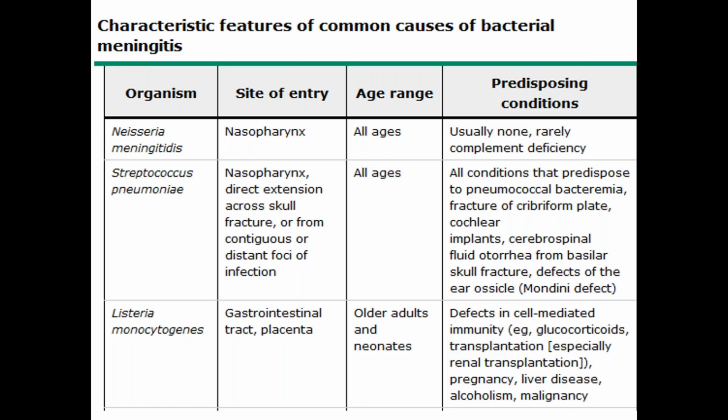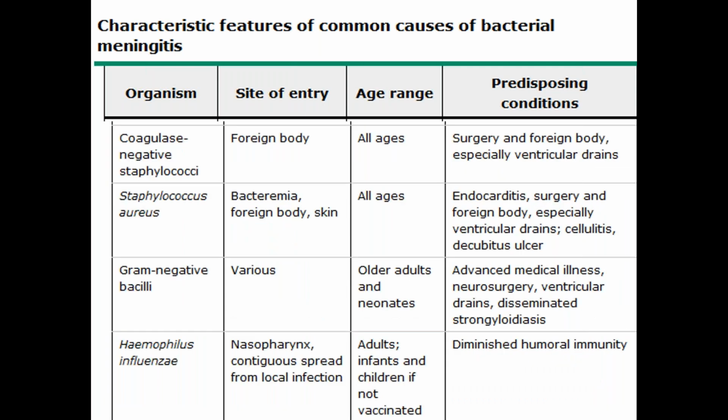Fine. So when we talk about a disease like Neisseria meningitidis, the most common site of entry is the nasopharynx. For strep pneumoniae, it can be the nasopharynx or contiguous spread. Listeria monocytogenes is sometimes responsible for early sepsis or early sepsis-associated meningitis. There are various complement or rather innate immunity-related deficiencies which predispose to infections, as we have discussed earlier.